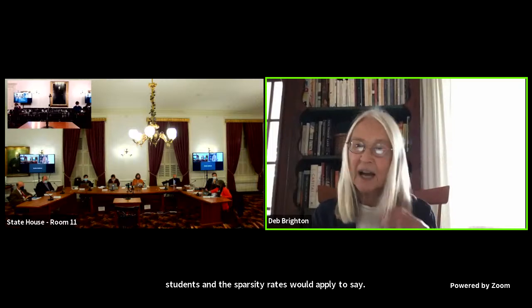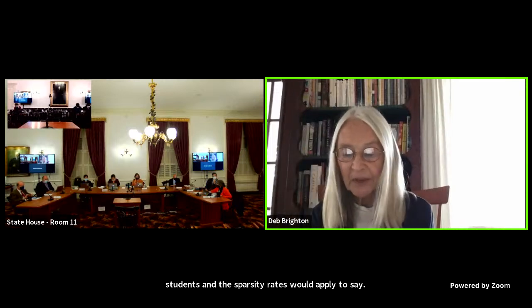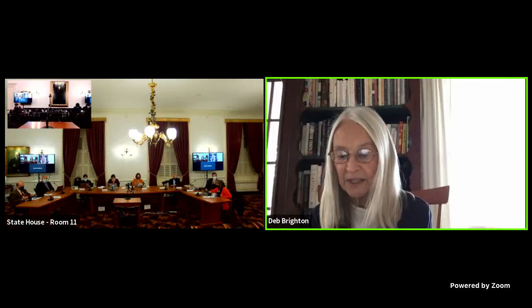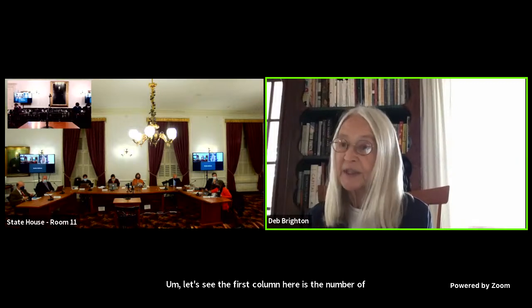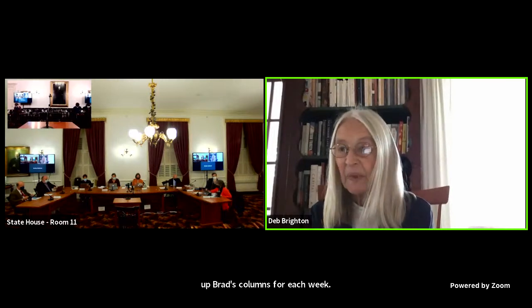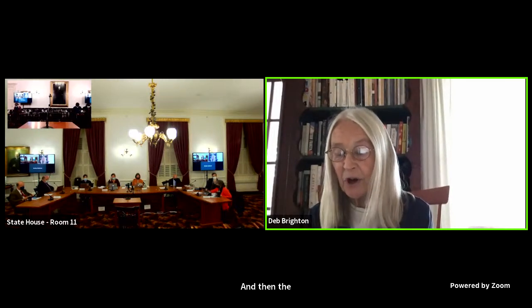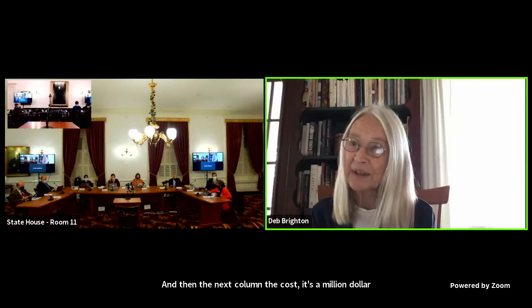It depends on your different cohort for each of the weights. So the fourth column here is the number of eligible students in the state. That was just summing up Brad's columns for each weight. And then the next column, the cost, it's $1 million cost for each of the weights.